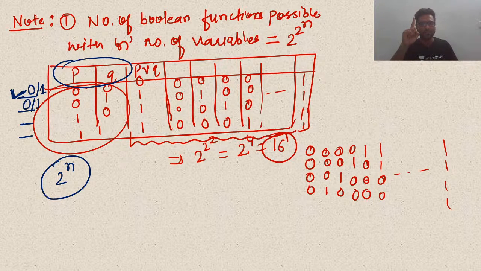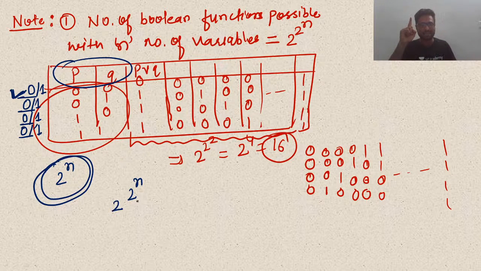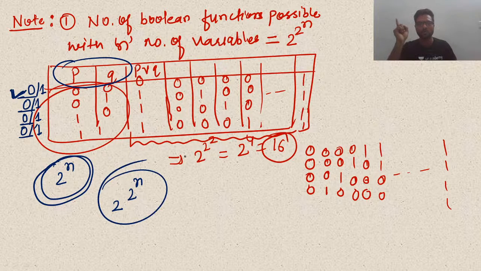So these 2 raised to power n positions contain two choices each, so it will be 2 raised to power 2 raised to power n only.